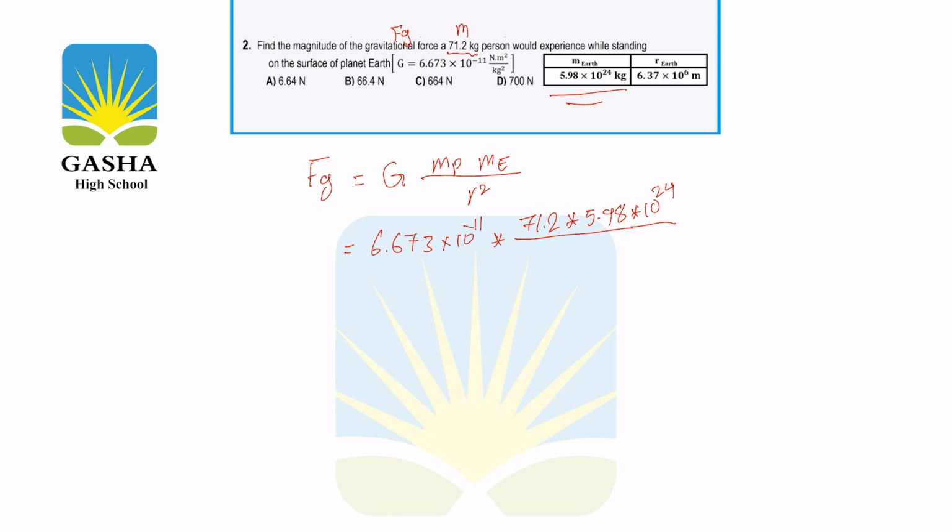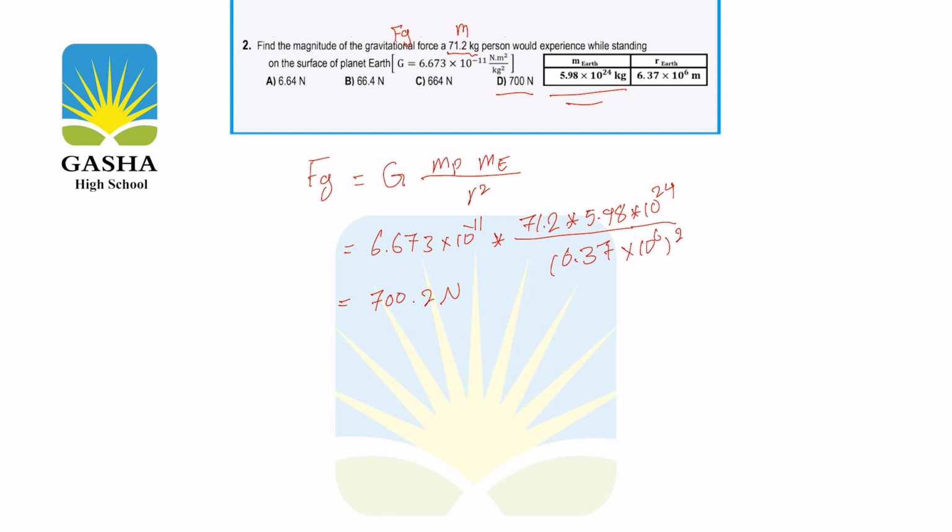And then divided by r squared, and r is 6.37 times 10 to the power 6, squared. To get the result, we have to use a calculator, and the result will be 700.2 Newton, and approximately 700 is in your options. So D is the correct answer for number 2.